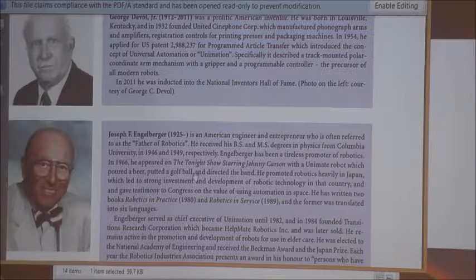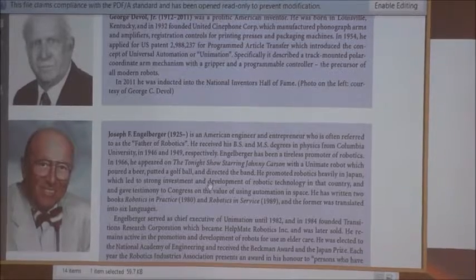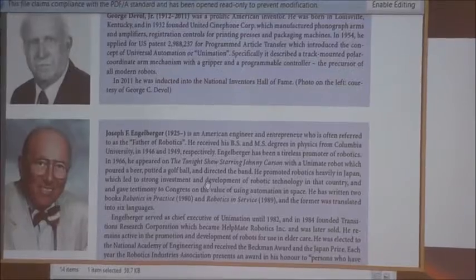Dr. Engelberger, actually, he didn't have a PhD. What he did have was honorary doctorate degrees, like from Carnegie Mellon, for example. He got several. He's considered the father of robotics. Yet he didn't own the patent of the first robot. I mentioned to you, he purchased it.